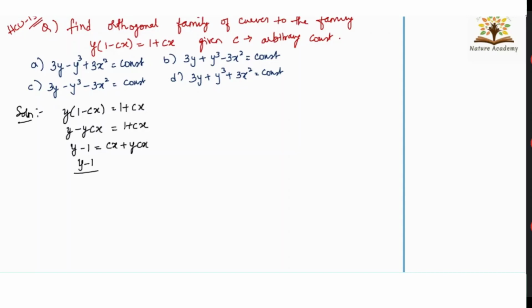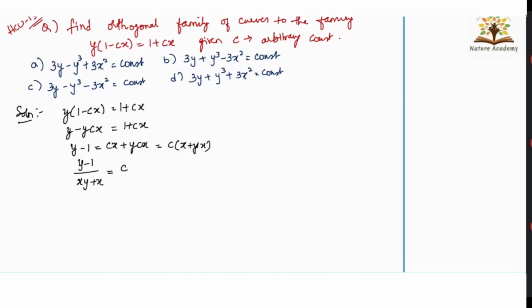So y minus 1 equals c times x plus yx, taking c outside, okay. So c will be remaining here.